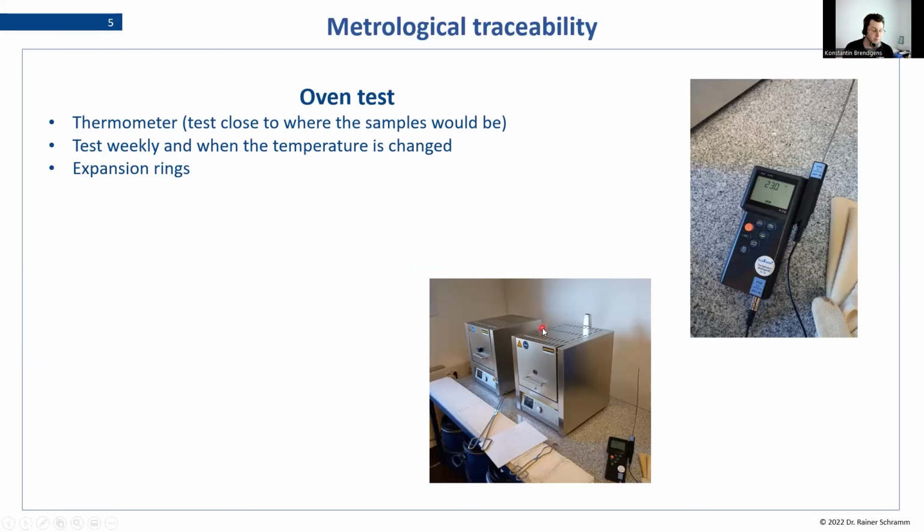Next piece of equipment, muffle furnaces. The modern ones have these nice electronic displays that basically show the temperature that the muffle furnace is at. The problem now is, how can we be sure that this is true? Again, being the critical person, how can we be sure that if this says 950 degrees, it's actually 950 degrees?